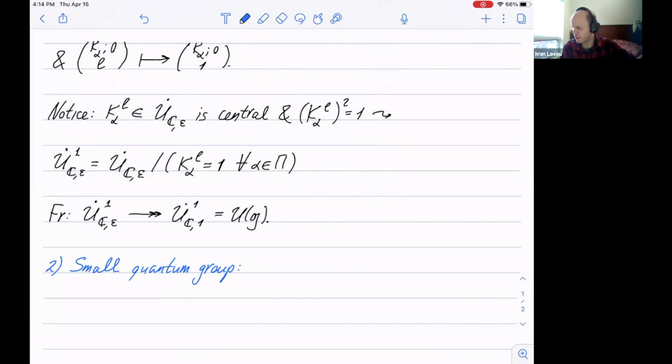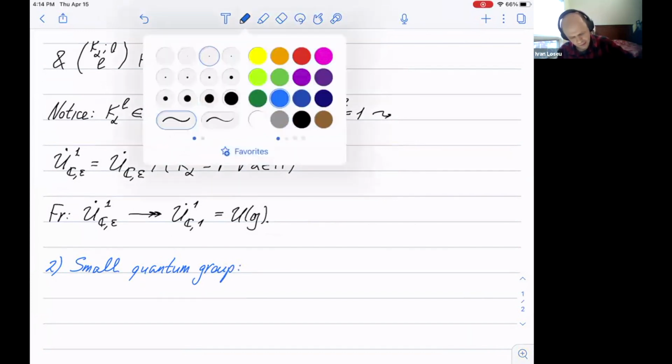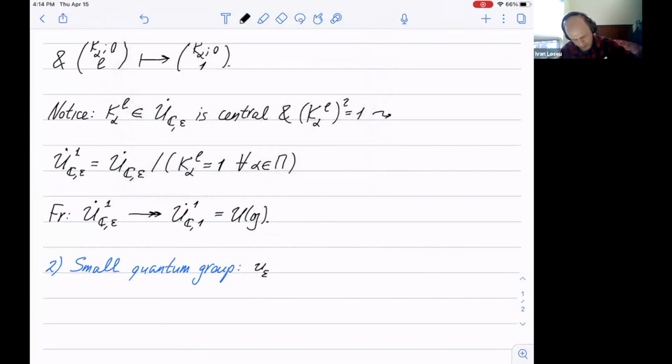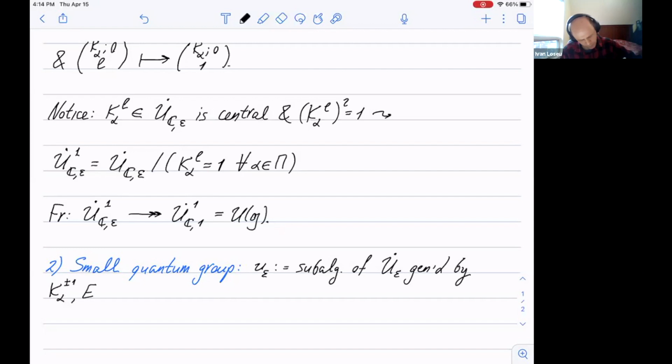So what is a small quantum group? This will be denoted by small u_epsilon. And this, by definition, is a subalgebra of U dot epsilon, which is generated by the usual generators, K alpha to the power plus or minus 1, E alpha and F alpha, simple roots.